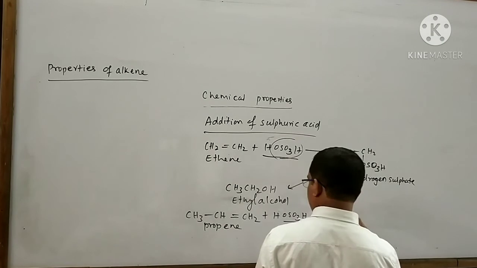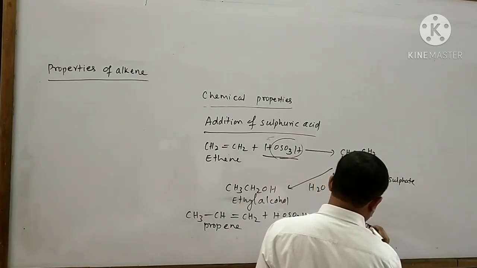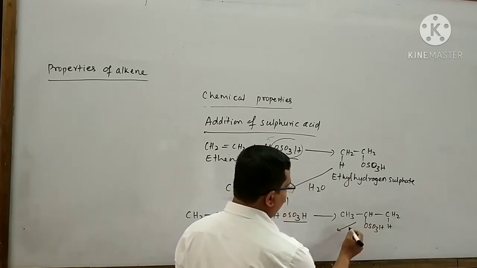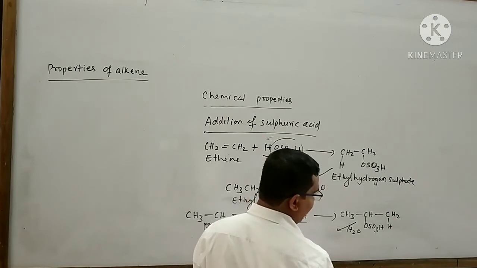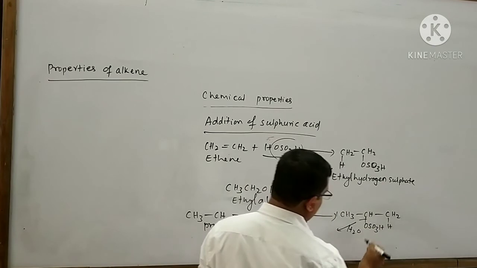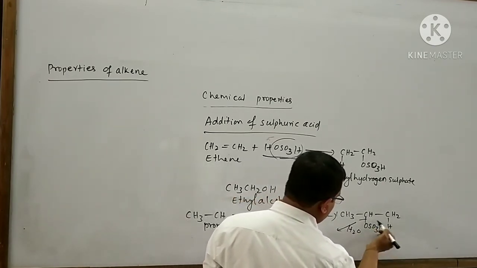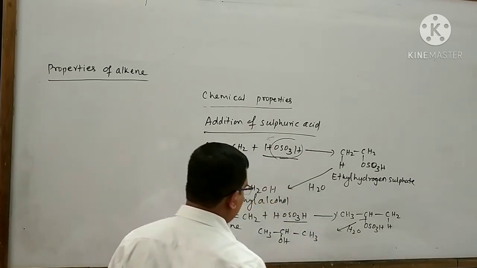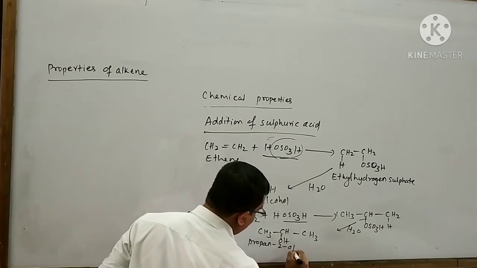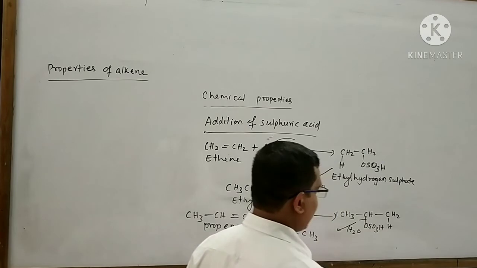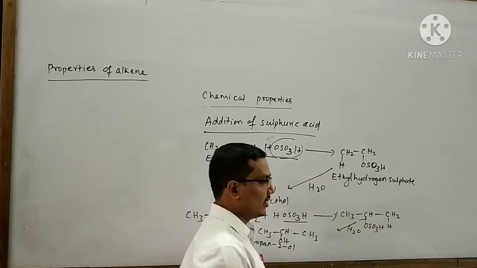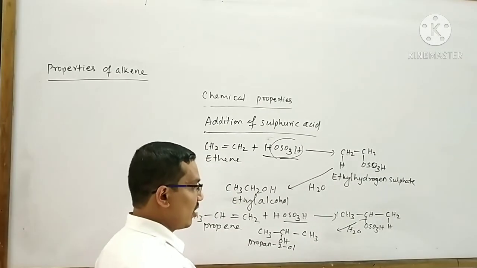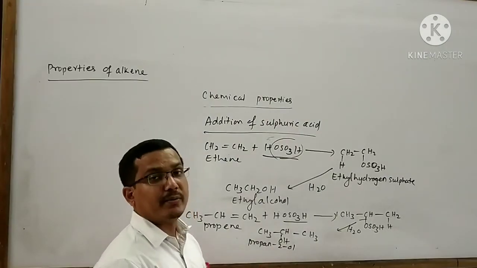I can write the product like this: CH3 bond CH alcohol.